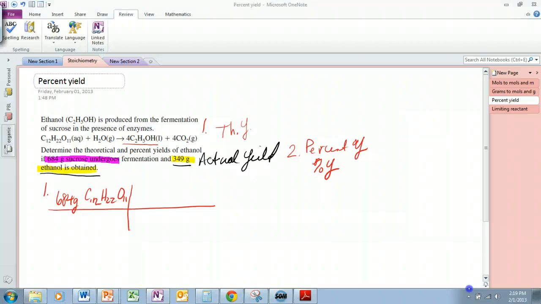I just went and looked it up on the internet, and it told me that sucrose has a molar mass of 342.30 grams for 1 mole of C12H22O11.